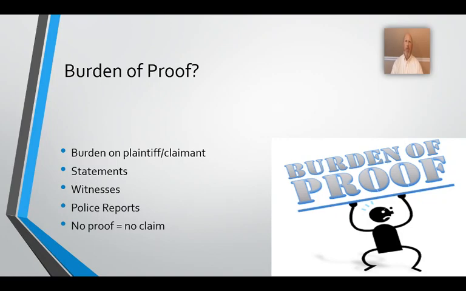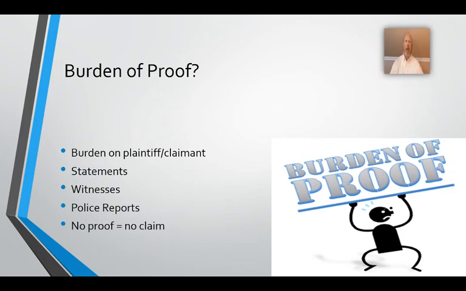You're looking for sufficient proof to determine with a reasonable certainty that our insured was negligent of whatever it is that the allegation has been made against them. And if there is insufficient proof of that, then there's nothing else for you to do. You don't have to prove beyond a reasonable doubt that your insured didn't do something. It's the other way around.